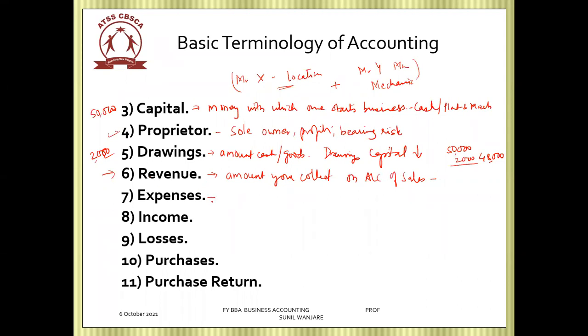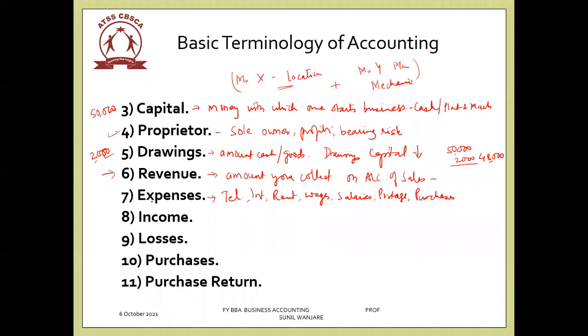And what are expenses? All the money you spend and against which you get a particular thing is called expenses. Expenses are like when we have paid the telephone bill, rent, interest, salary, wages, postage, and raw material, that is purchases.